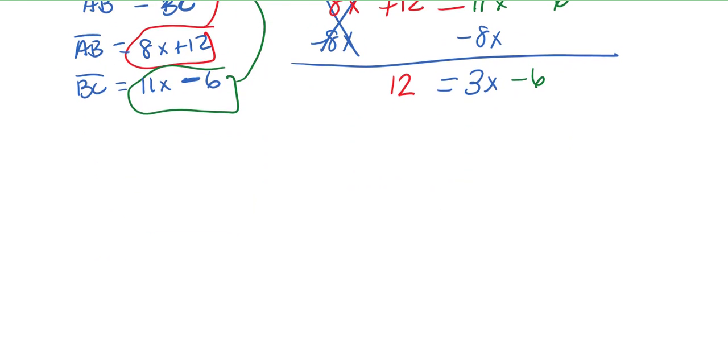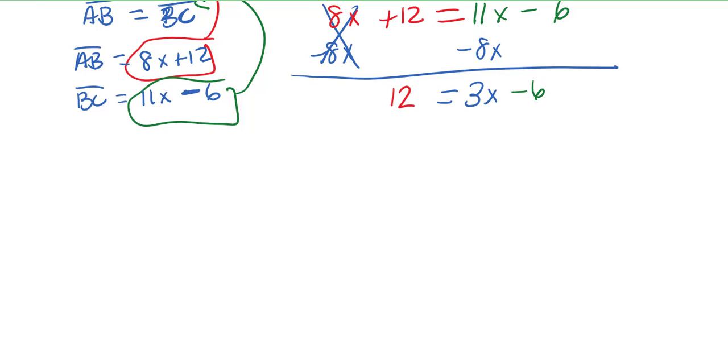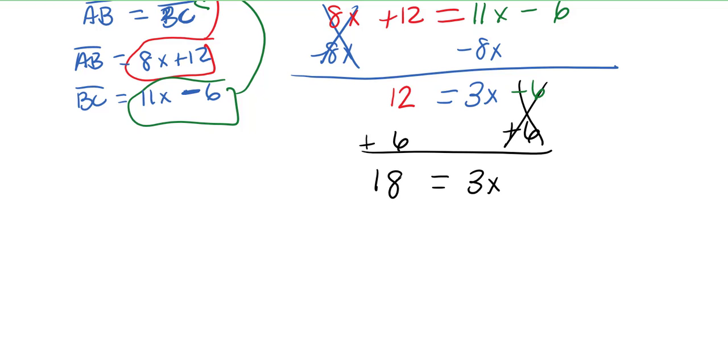Now, what would be the next step? Well, we want to get rid of the 6 on the right-hand side. We want to get x all by itself. So let's add 6 to both sides. So this just becomes 0. Whatever we do to one side, we do to the other. So we get 3x equal to 18.